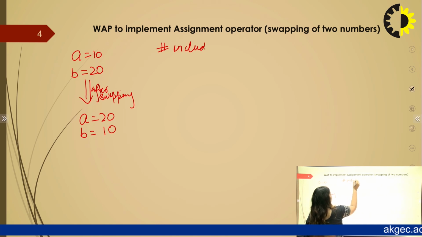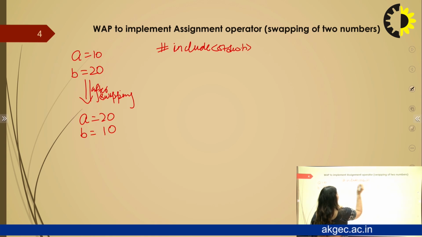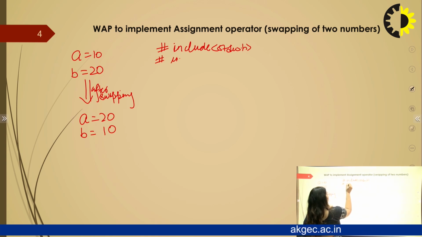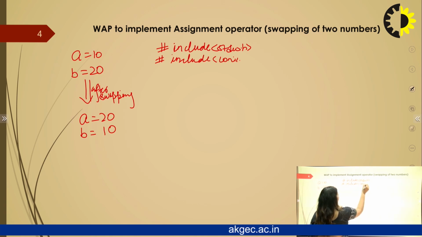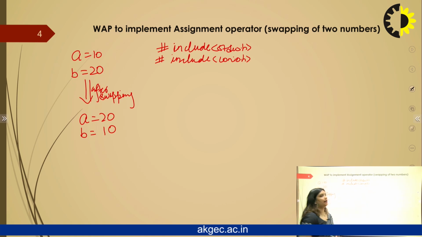Hash include stdio.h, hash include conio.h, if you're going to implement our program over Turbo C. conio.h is console input output. For some functions, we need to include this header file conio.h. Then void main.